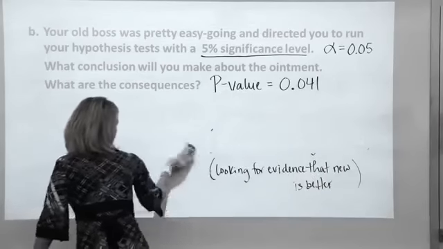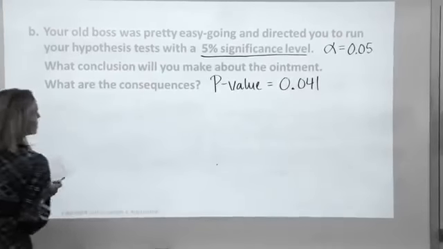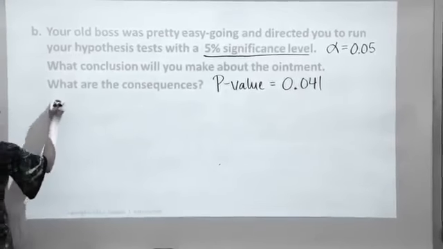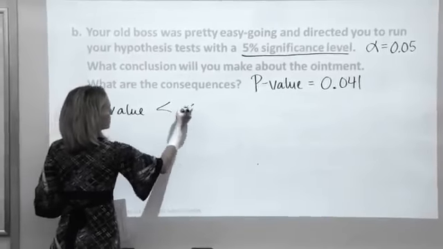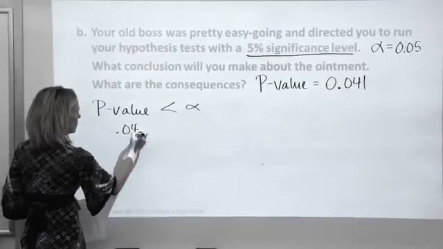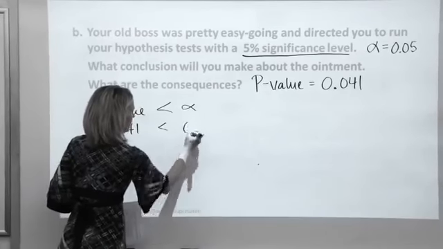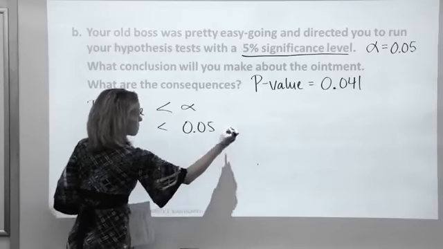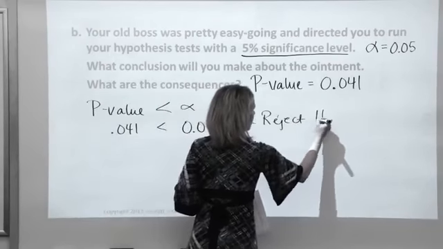So let me write what I just sort of said here. You're comparing that p-value to alpha. So since this p-value is less than alpha, 0.05, we would reject the null hypothesis.